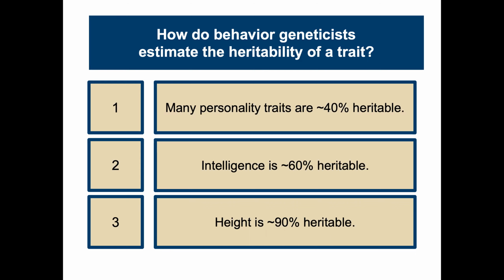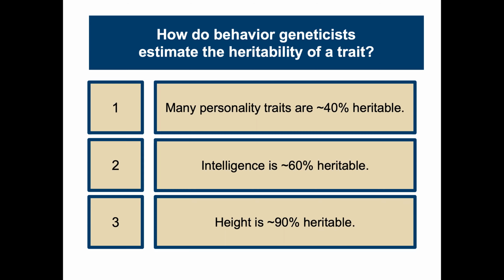Many personality traits are about 40% heritable, they're finding. This is through twin studies, adoption studies, and more recently, genome-wide association studies that are happening. We're learning more by really looking directly at the genetics and seeing how much is heritable.